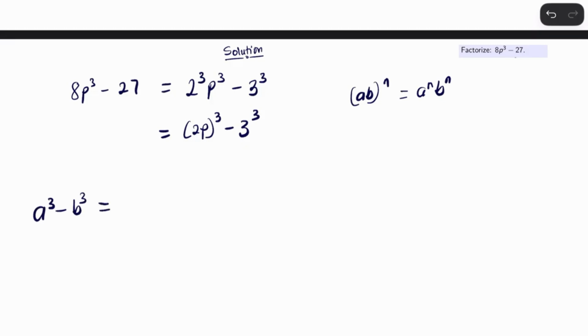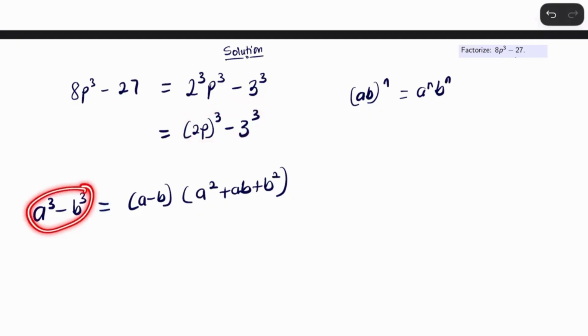We can expand this as (a minus b), then multiplying (a squared plus ab plus b squared), right? So here we have this in this form, where a is now 2p and b is equal to 3.